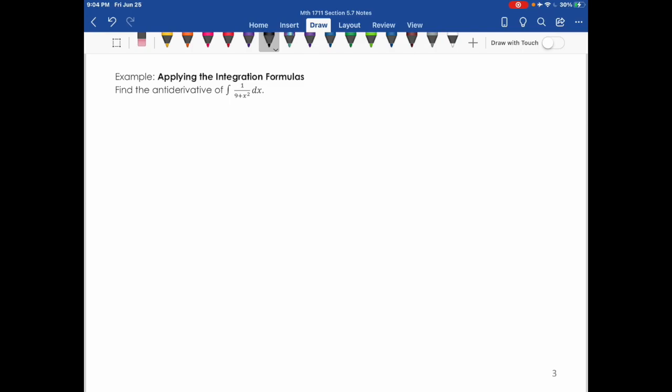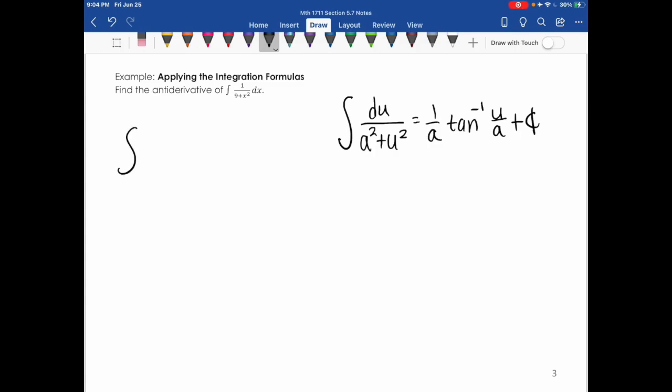When we find the antiderivative of 1 over 9 plus x squared dx, this again looks like the integrand formula for inverse tangent. So we're going to use the formula of du over a squared plus u squared is equal to 1 over a inverse tangent of u over a plus my constant.